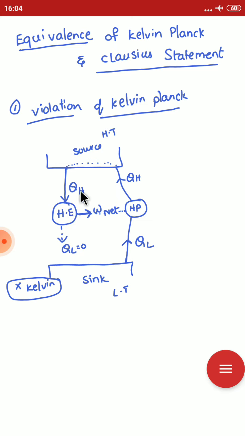If you consider the heat engine and heat pump as a single device, we can eliminate this source, with the energy QH transferred like this.